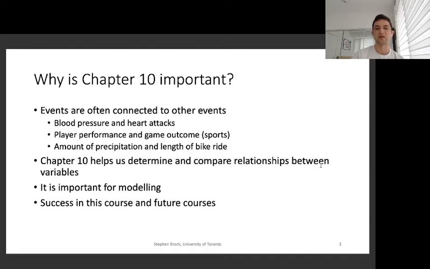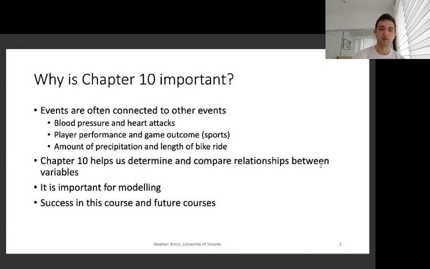We're not necessarily calculating a probability anymore, but more a different representation of measuring the relationship between two variables. For example, we could be looking at blood pressure and heart attacks. The connection could be that when someone has a higher blood pressure, they're more likely to get a heart attack.